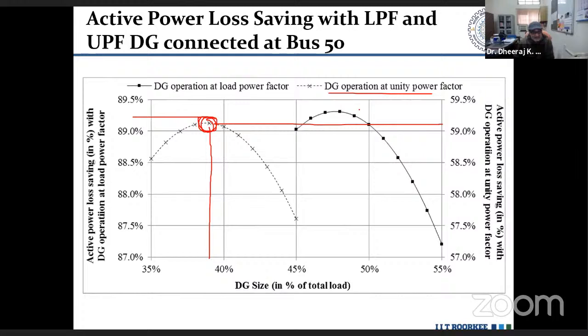But when we place the DG at load power factor, we can achieve loss saving of roughly 90% by placing a DG of about 47 or 48% of total load.